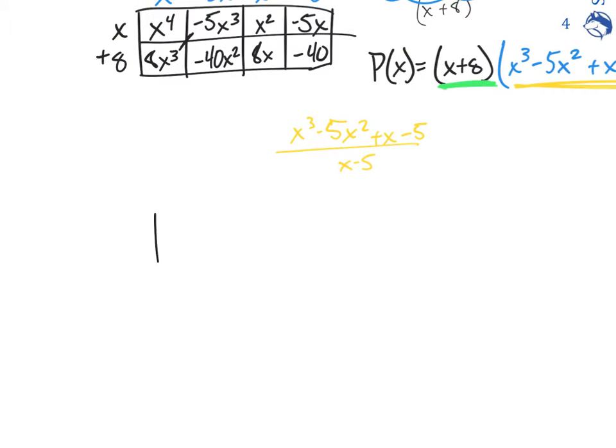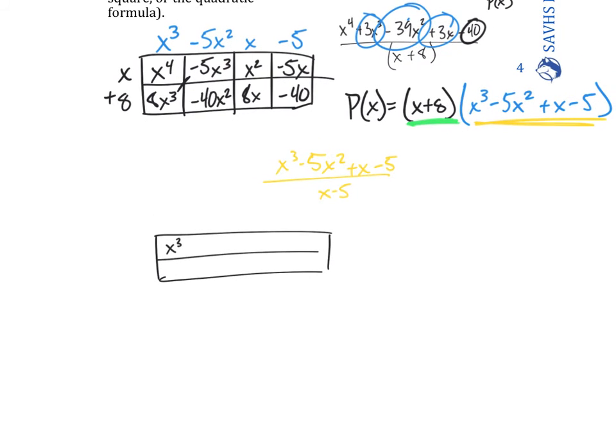So in the box, I want the top of the fraction, as I always do. So, got to have my x cubed here. I'm going to show that I'm dividing by x minus 5.